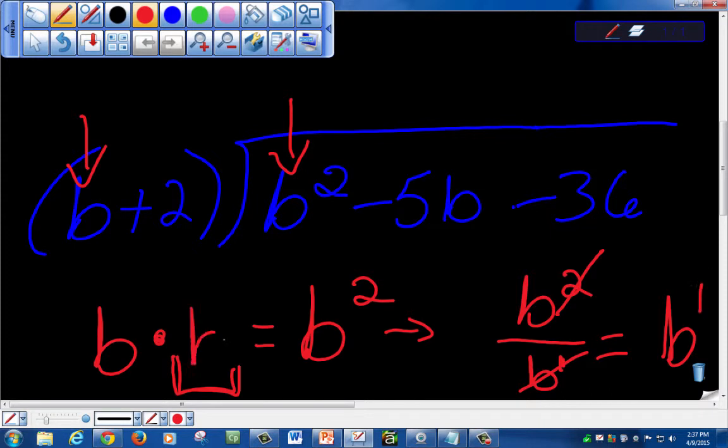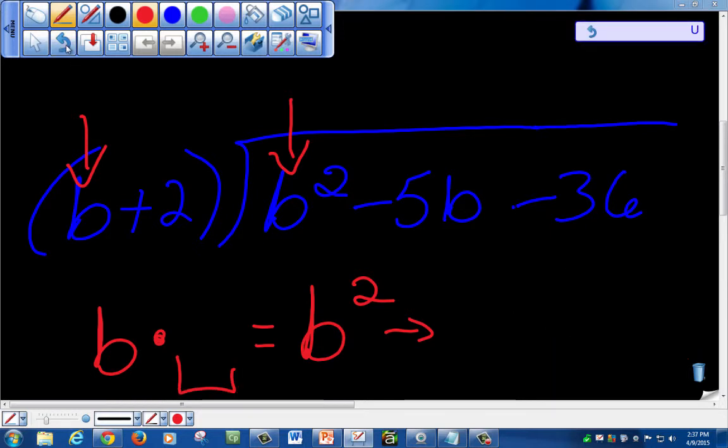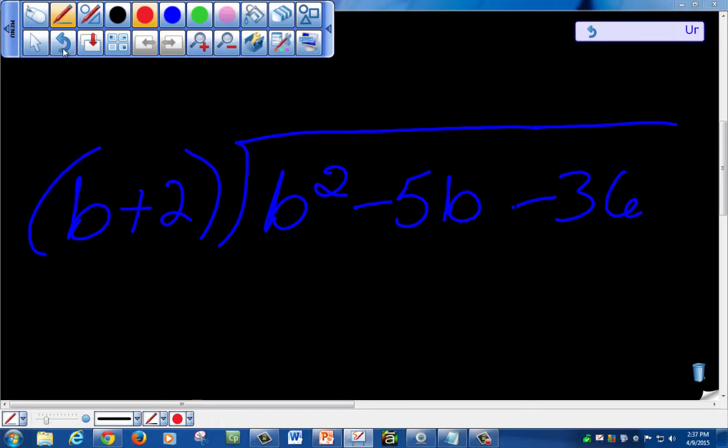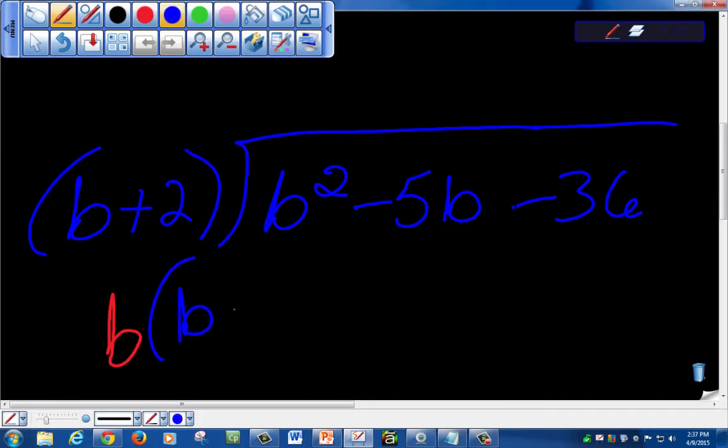So you end up having b squared. Now, in that situation, what we're going to end up doing is the following. After we found out what b has to do to become this b squared, we place b under b plus 2, and we're going to end up distributing onto both portions.